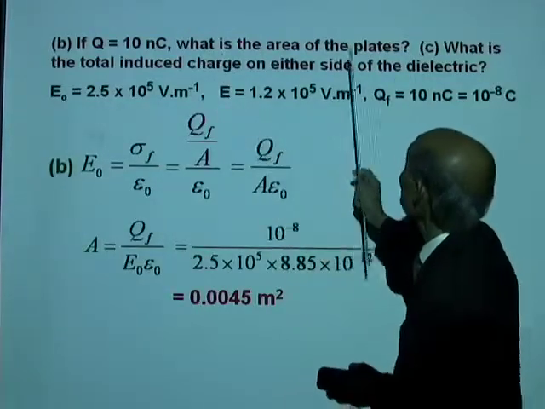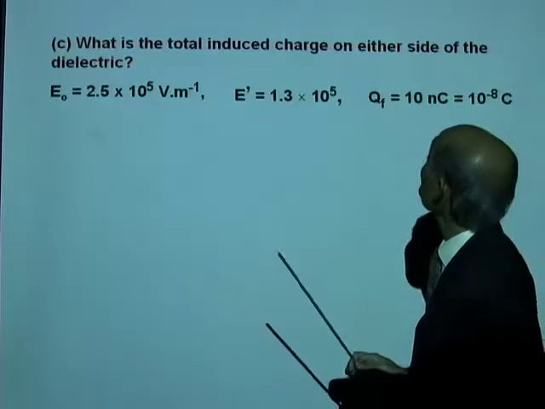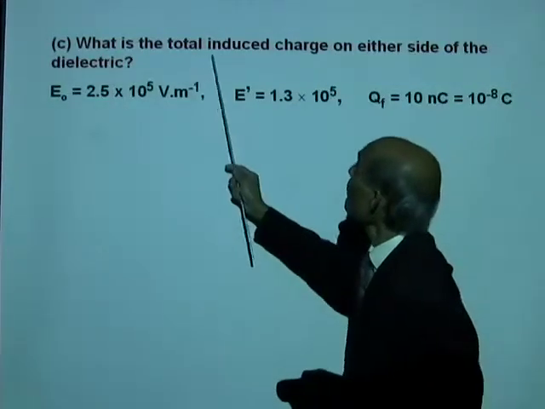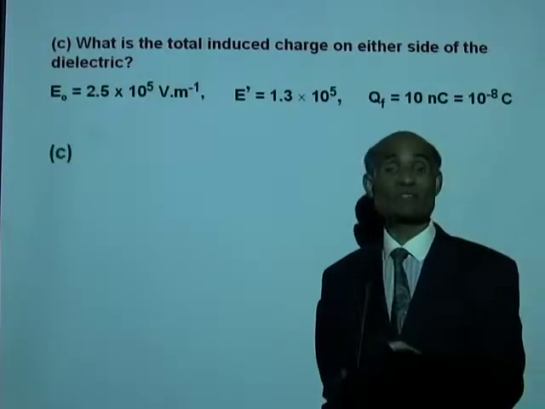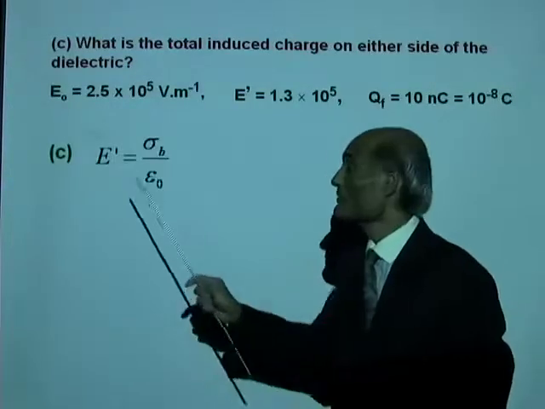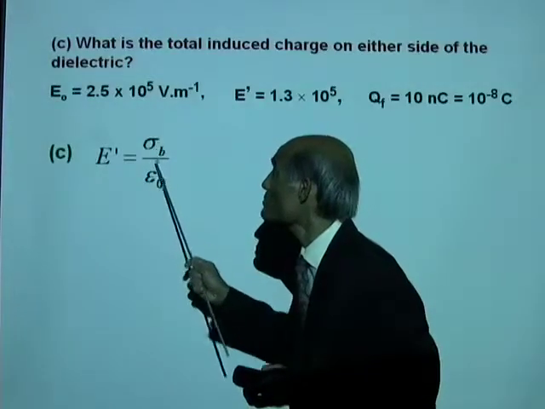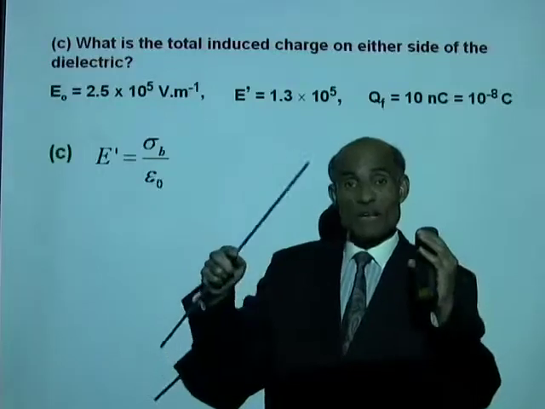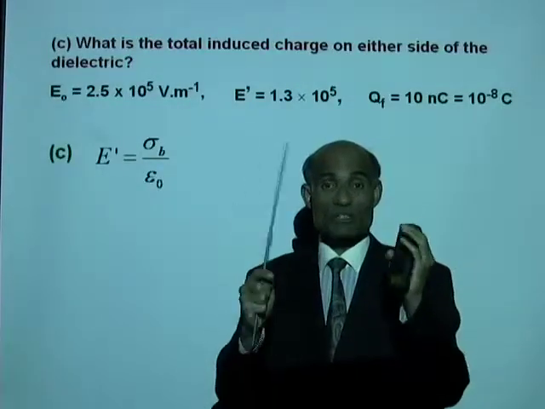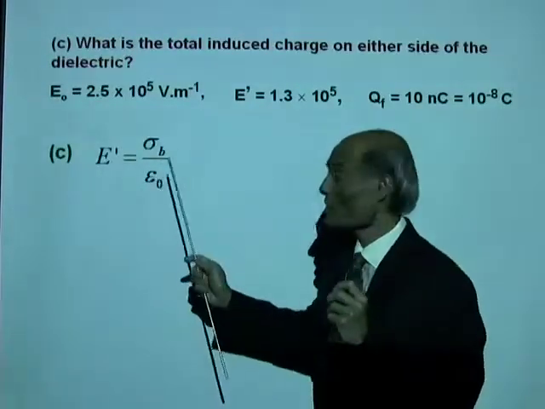We found the area of the plates. What else do we need to find? What is the total induced charge on either side of the dielectric? Well, we know that E prime equal to sigma B divided by epsilon naught. E prime is the electric field inside the dielectric caused by the bound charges.